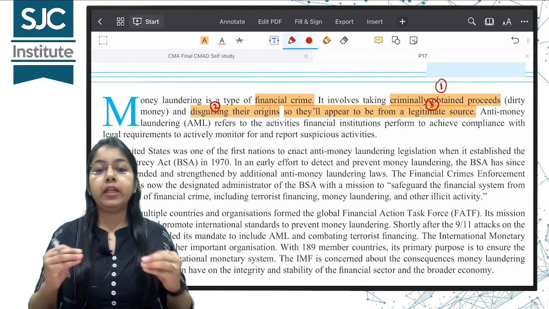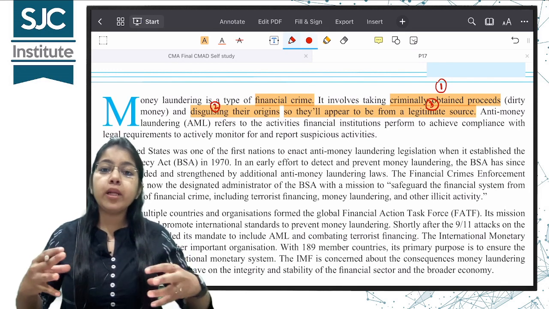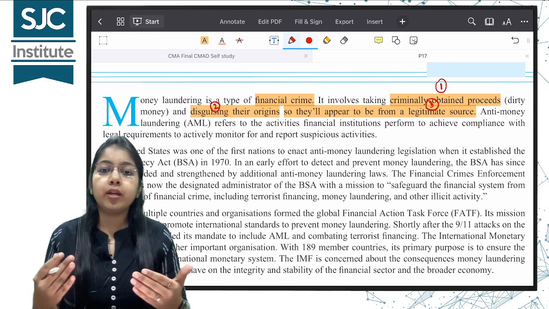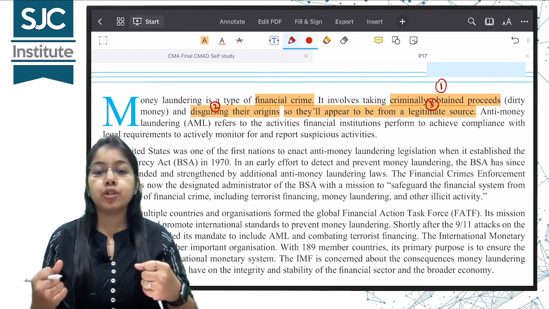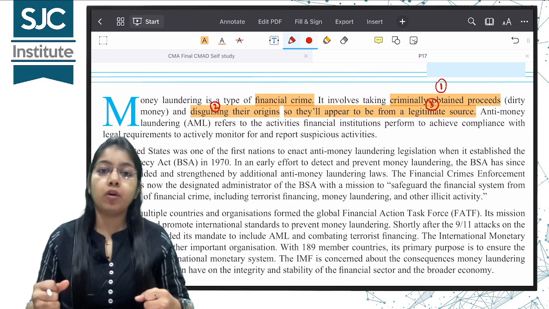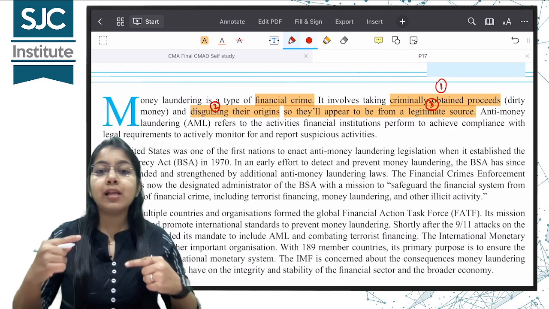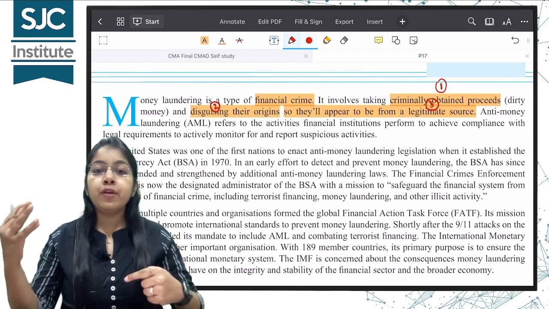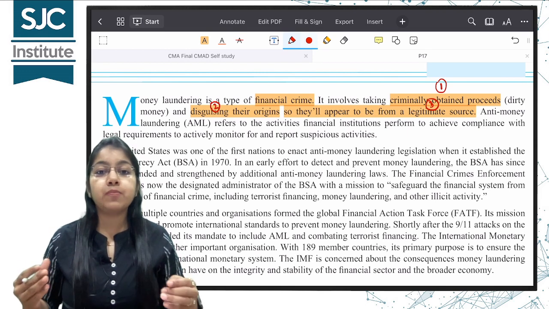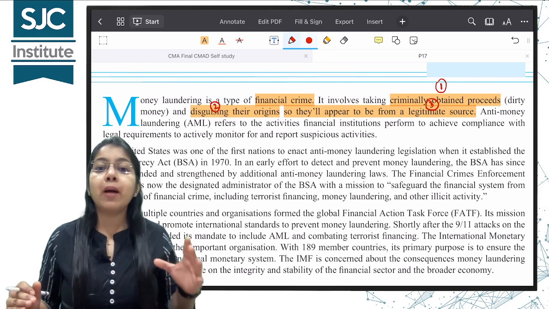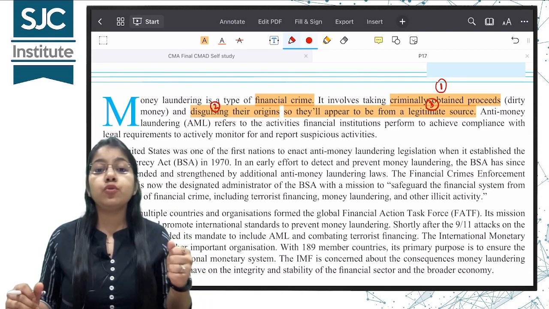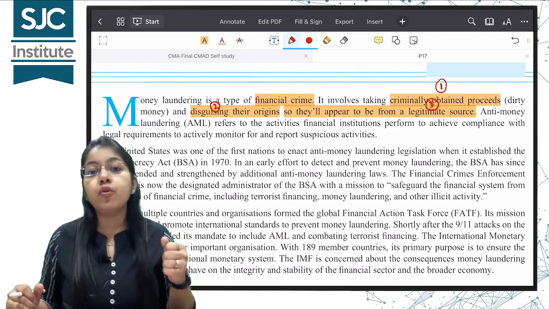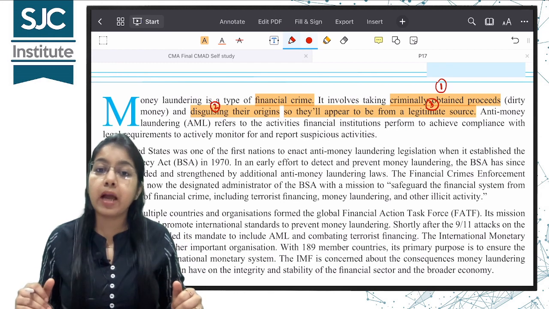prevention of money laundering. Now, who according to you will be the most important institution in the prevention of money laundering? All the financial activities, all the financial transactions take place through which channel? Through the banking channels, through the financial institutions. So financial institutions have here a major role in the prevention of money laundering activities.